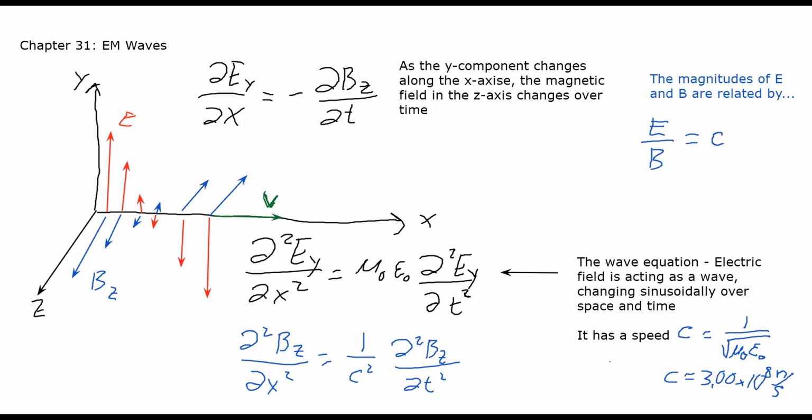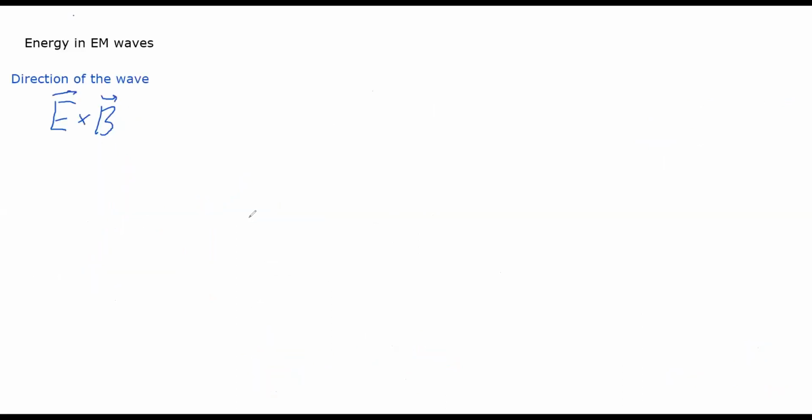So this gives us the direction of the wave, but it also gives us something called the Poynting vector. Let me write down this equation and I'll explain what it is. The Poynting vector, which is usually notated S, equals 1 over mu 0 E cross B. So what does this tell you exactly?